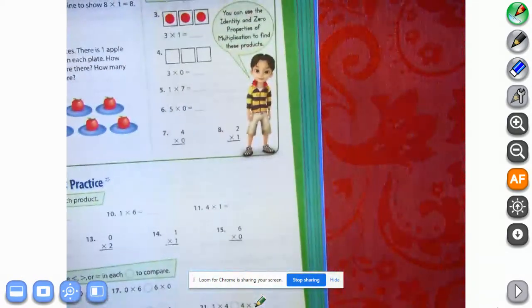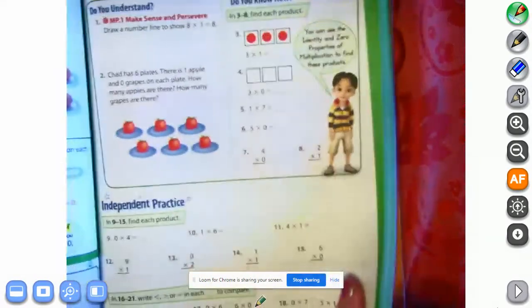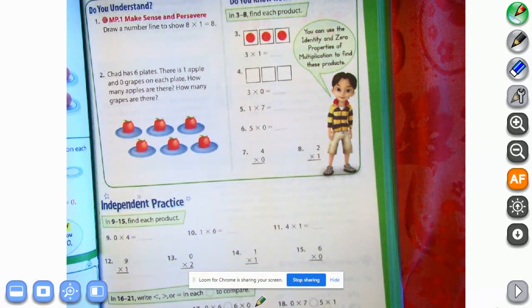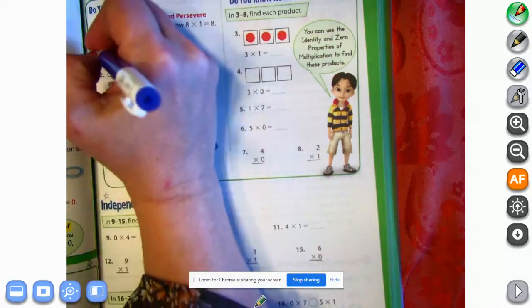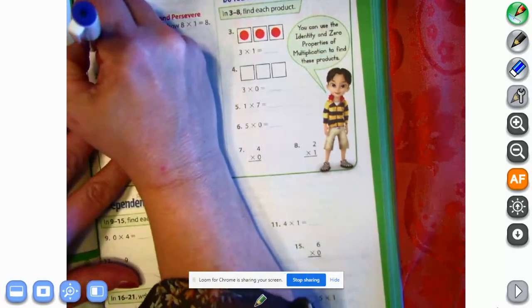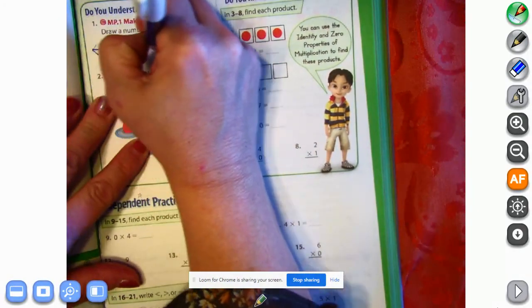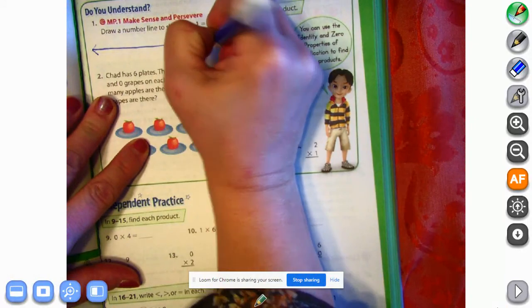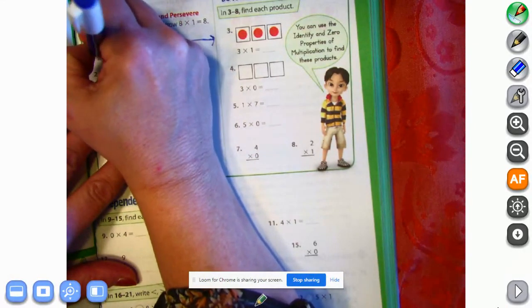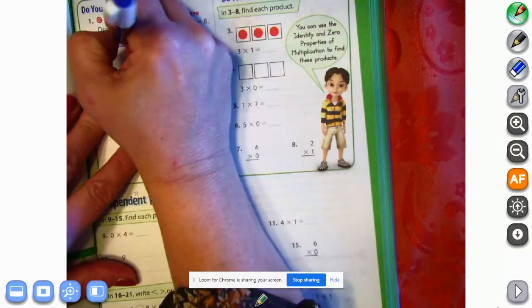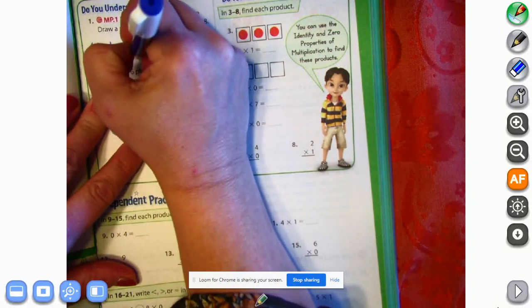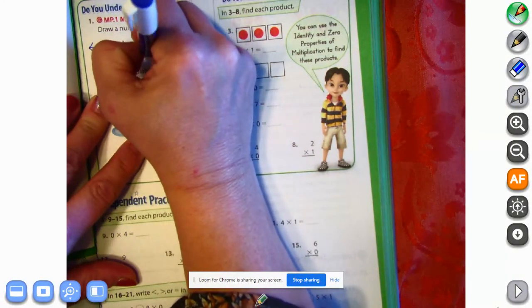All right, so let's go over here to our guided practice. Number 1. Draw a number line to show 8 times 1 equals 8. All right, so we know that 8 times 1 is going to equal the number that it's times, so that would be 8.